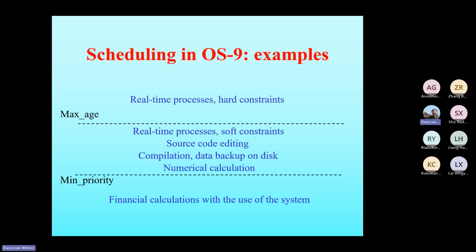Below those processes, I would place interactive processes that converse with a human being. They should be high in the hierarchy because people do not want to wait long for the reaction of the system. So source code editing should be, in my opinion, here.